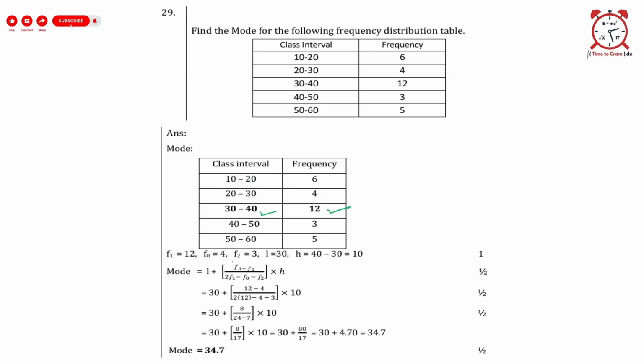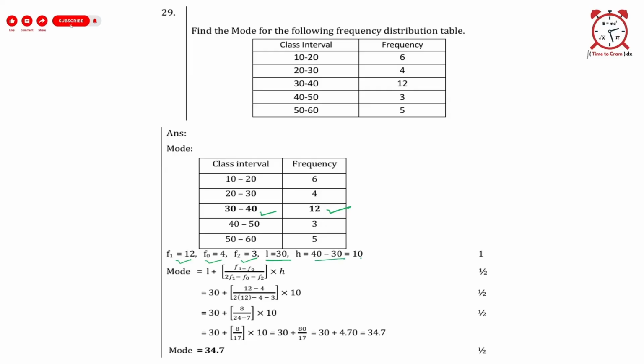This modal class gives us the lower limit L equal to 3. As we know, F0 is the frequency of the preceding class, 4, F1 is the frequency of the modal class, and F2 is the frequency of the succeeding class, and H is the class size.